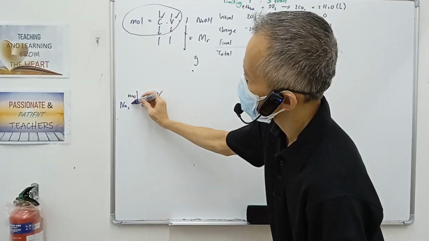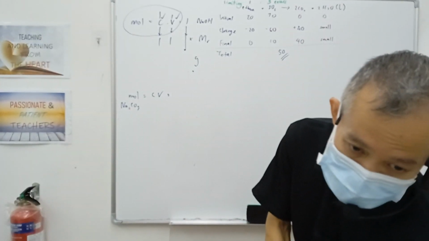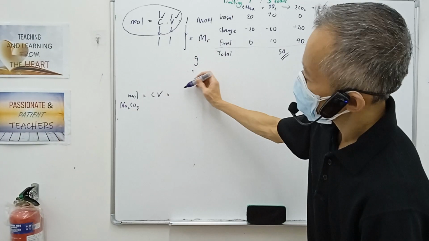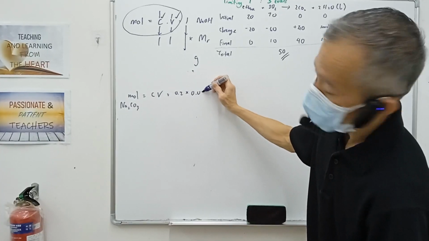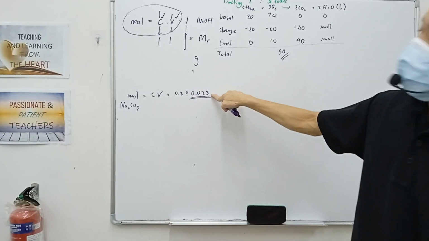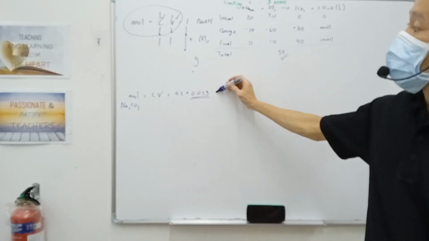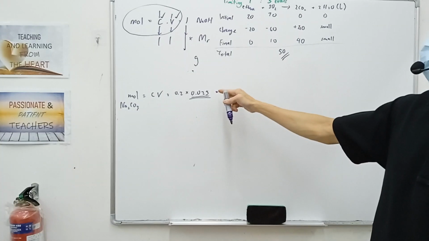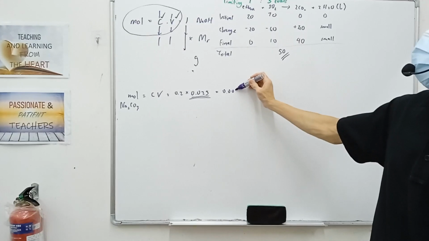Sodium carbonate. C is 0.2. Volume is 25 cm cube. Second reminder of the day: make sure to convert to dm cube for volume. That will give you 0.0054.